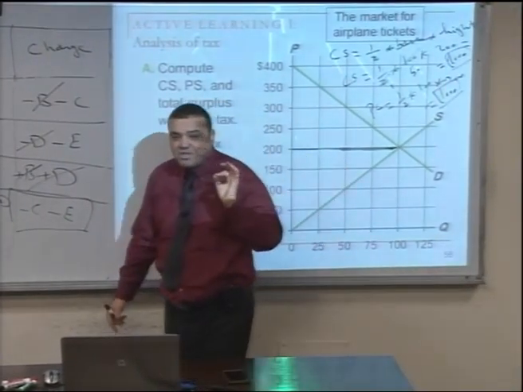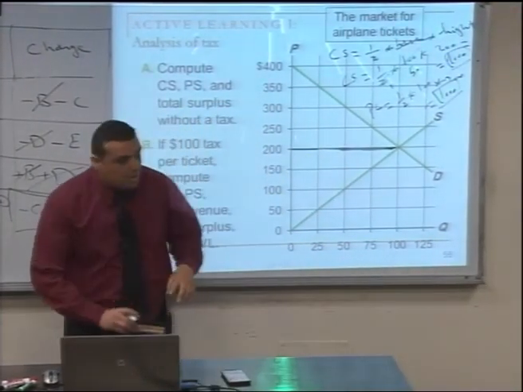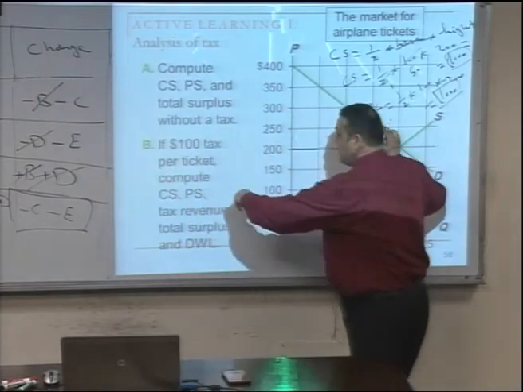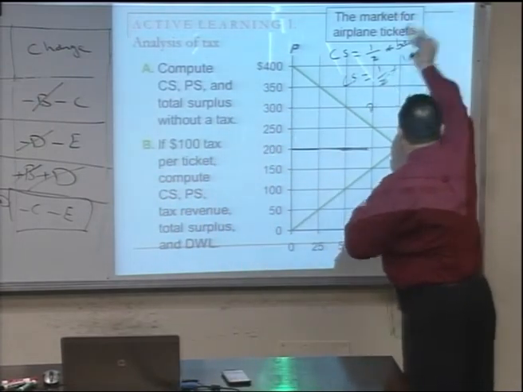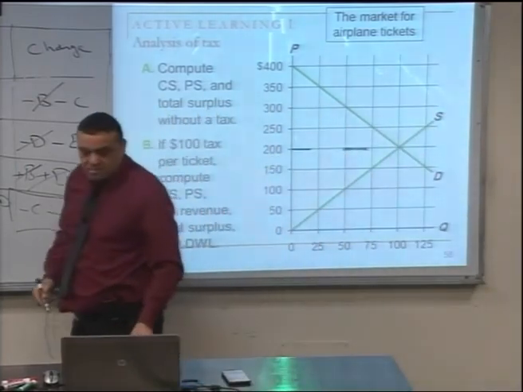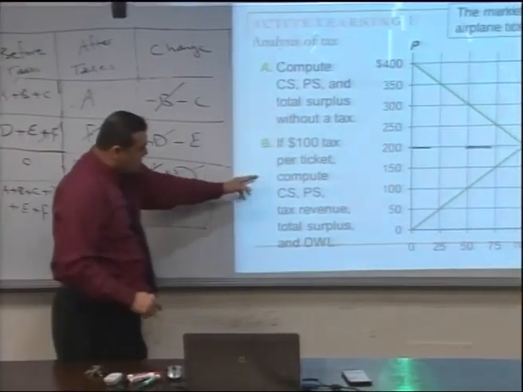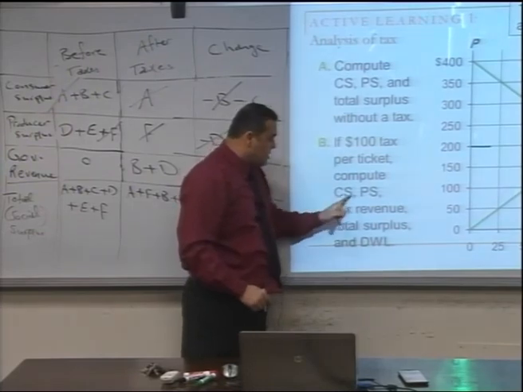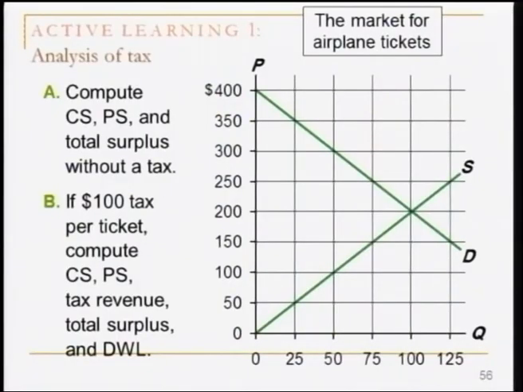Now let us assume that the government imposed a tax by, number 2 here, a $100 tax. We're going to compute consumer surplus, producer surplus, tax revenue, and total surplus, as well as the deadweight loss.